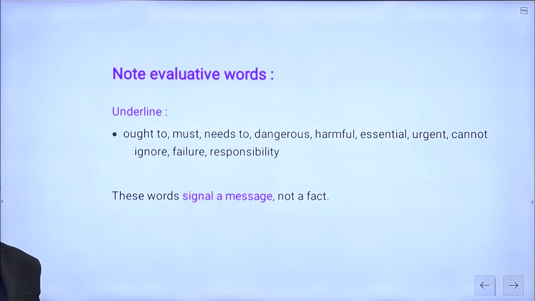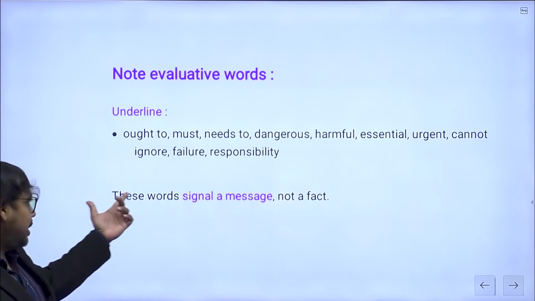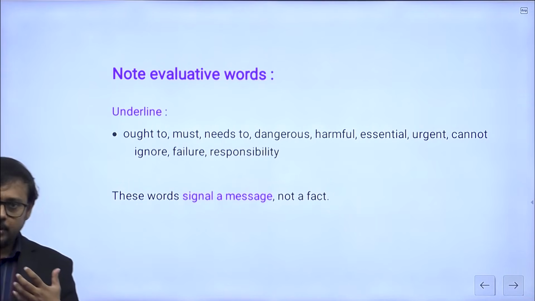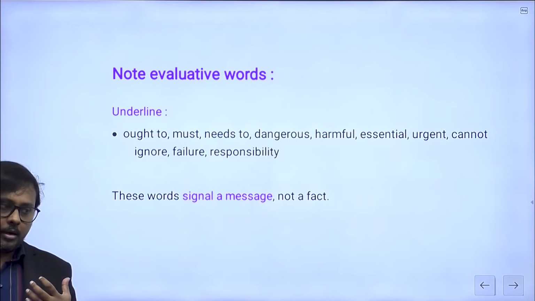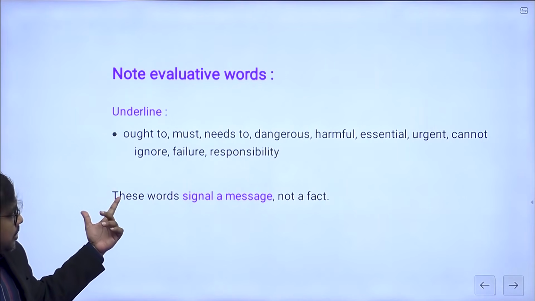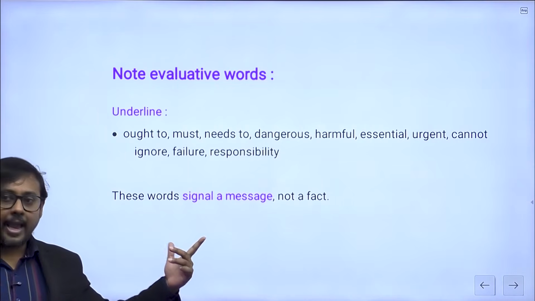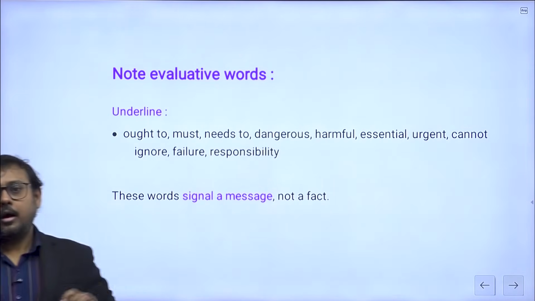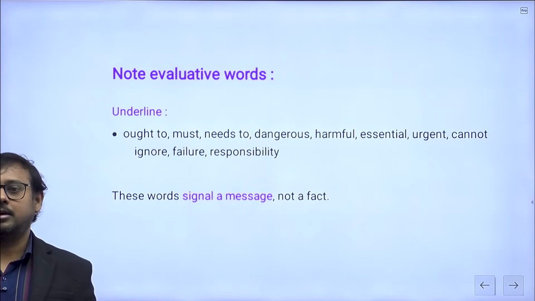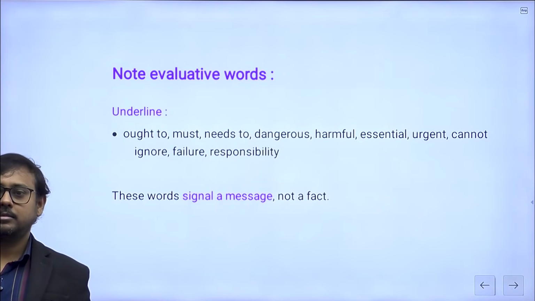So as I said, na, कि a message-based question will emote. ऐसे वाले जो words हैं ना, it emotes. So if a sentence has these words, almost always that is the message that the author is trying to say.